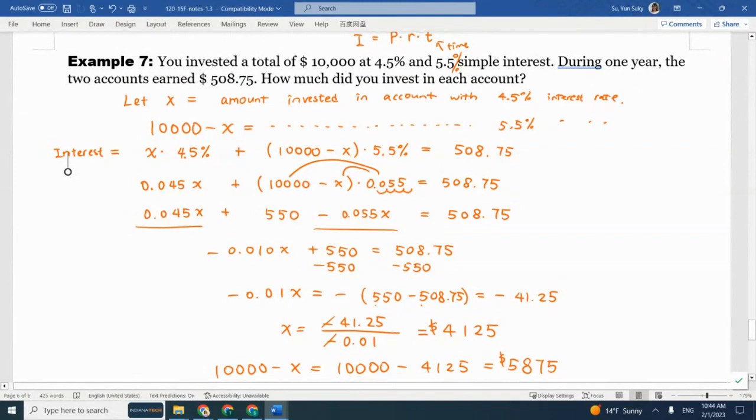This problem has more algebra, so you have to be careful because it has decimals and the minus sign. You could end up getting negative numbers, so check it out. Any questions about this problem? Are we all good? Okay.